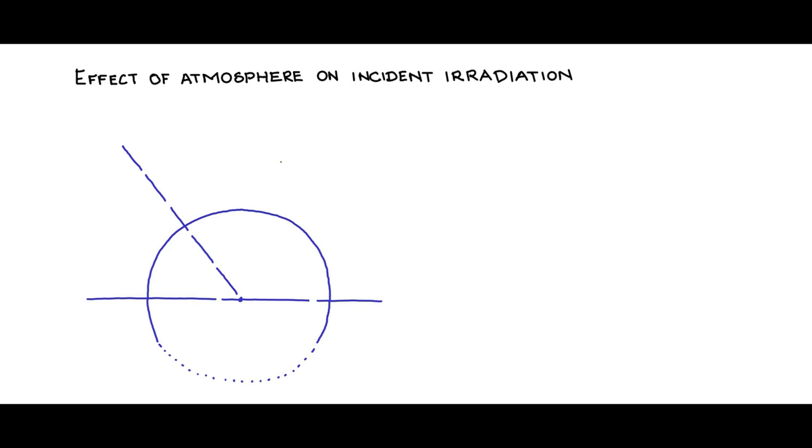This is the zenith axis that we have been seeing. This is the latitude angle and this is the place of interest, and at the place of interest let us place a horizontal flat plate. So I have placed a horizontal flat plate collector like this. It could be a PV panel.